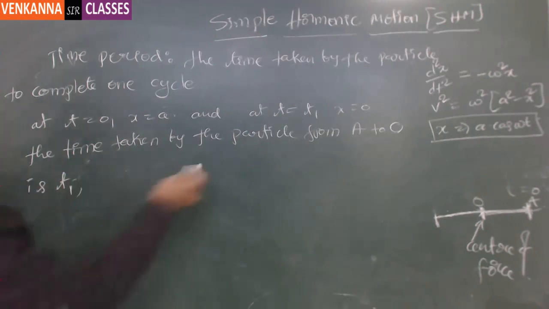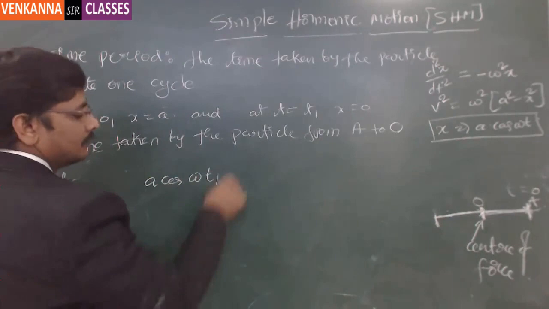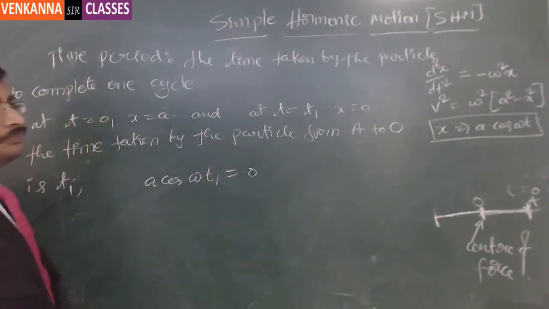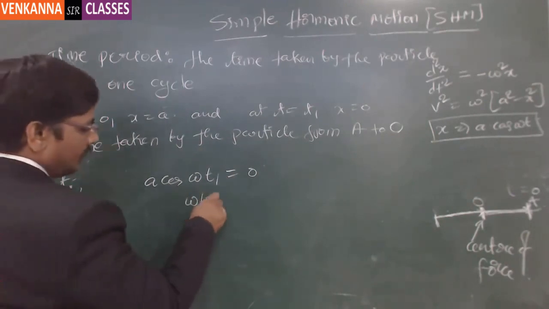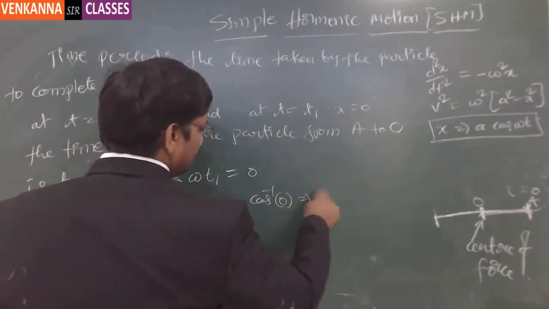So this is given by a cos omega t1 is equal to x, which is 0. So that means omega t1 equal to cos inverse of 0, and this is given as pi by 2.